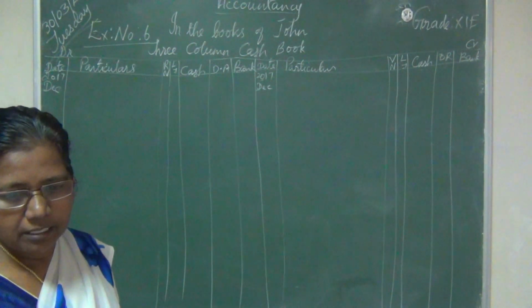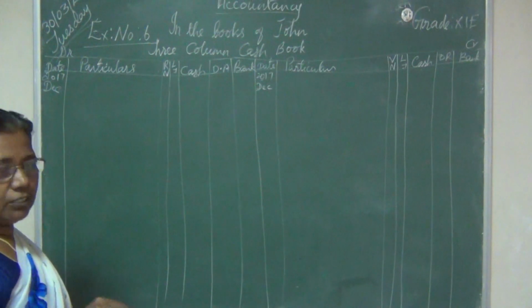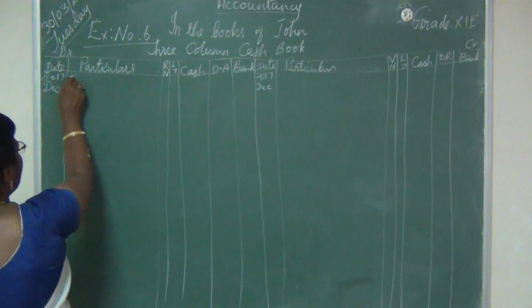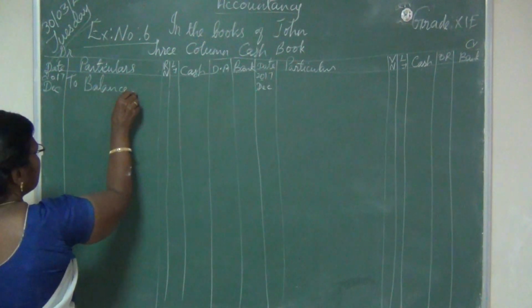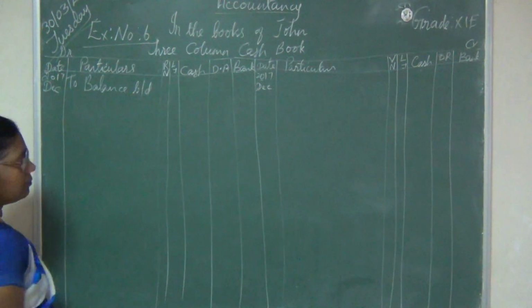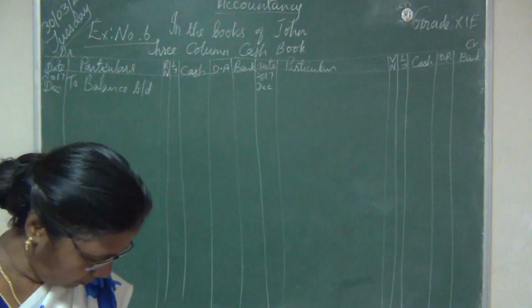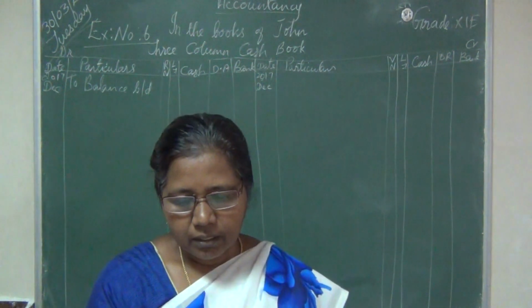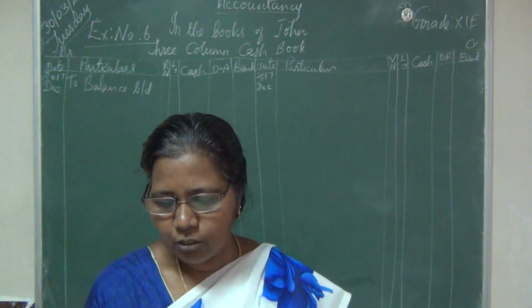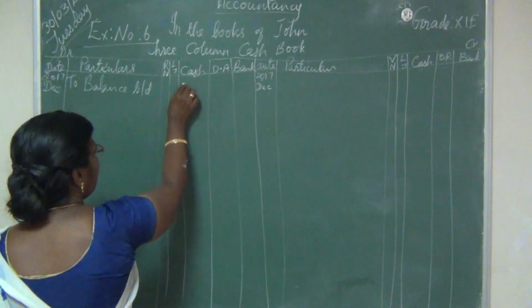First one, cash balance brought forward. So that is the opening balance we should write as balance brought down, only cash in hand. Cash balance brought forward 12,600. That we will write in the cash column.